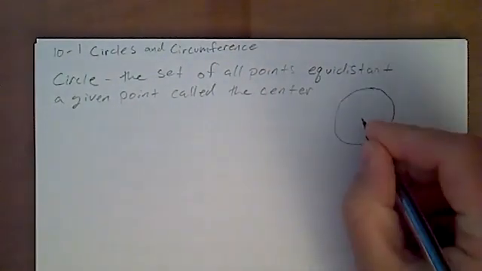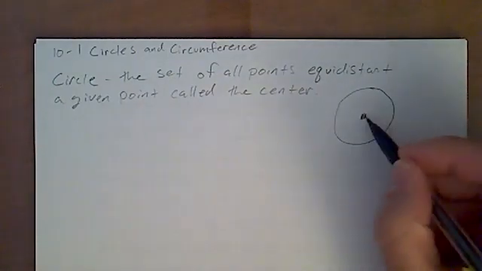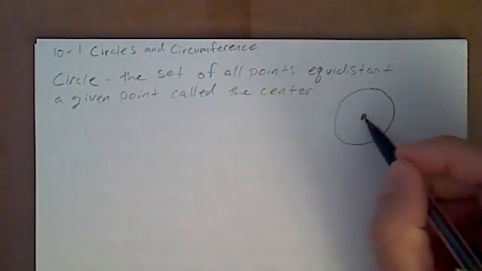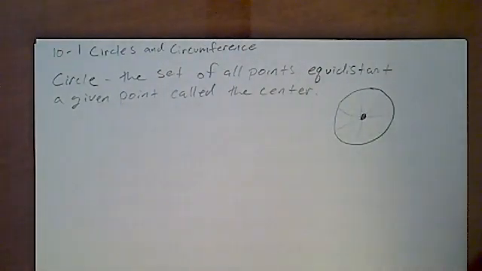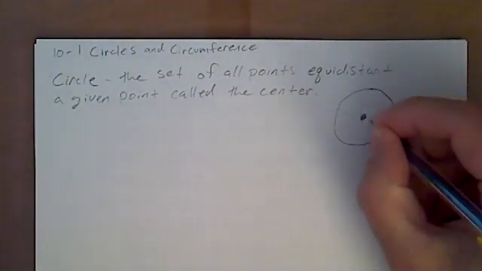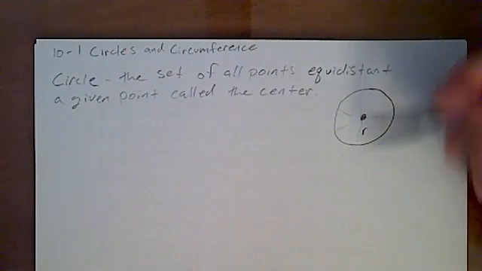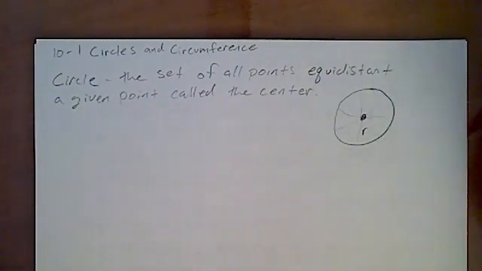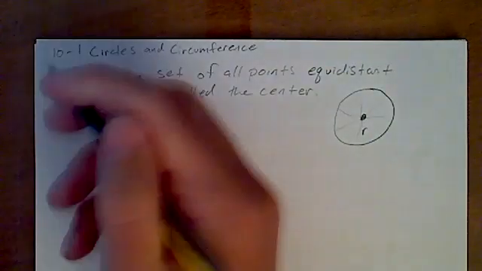We have a circle, we have a center. Everywhere that we could measure from the center to the side of the circle is the same distance. Any one of those is called a radius. And notice that all of the radii, the plural for radius, in the circle are equal, since they are the same measure.